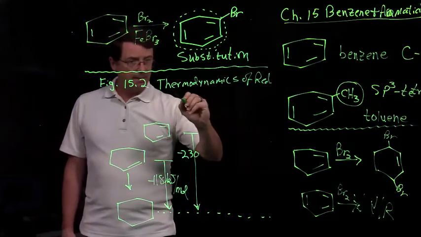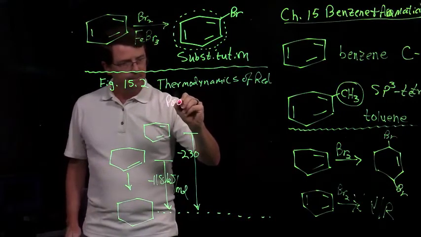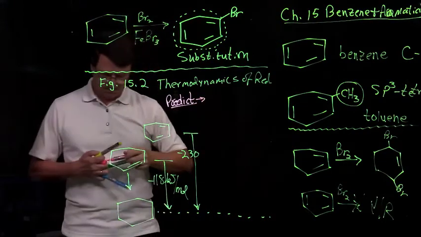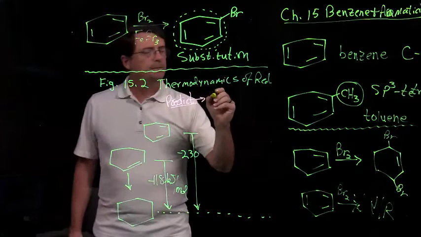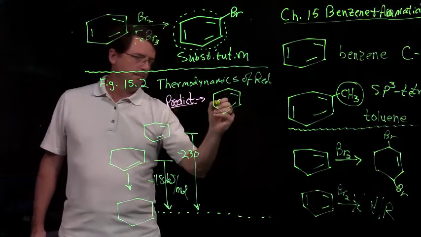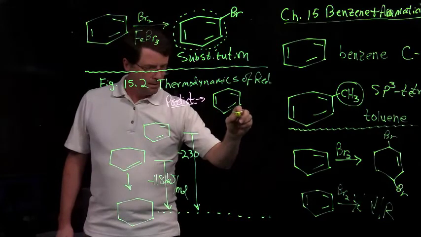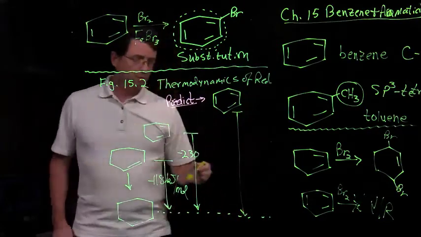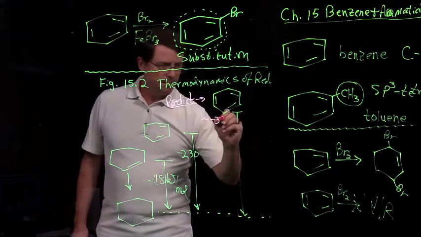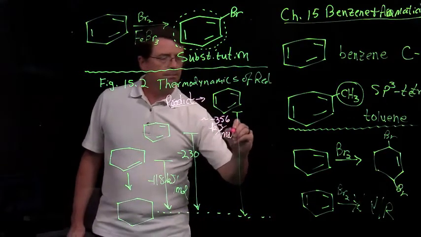That would then predict that benzene should release about 356 kilojoules per mole.